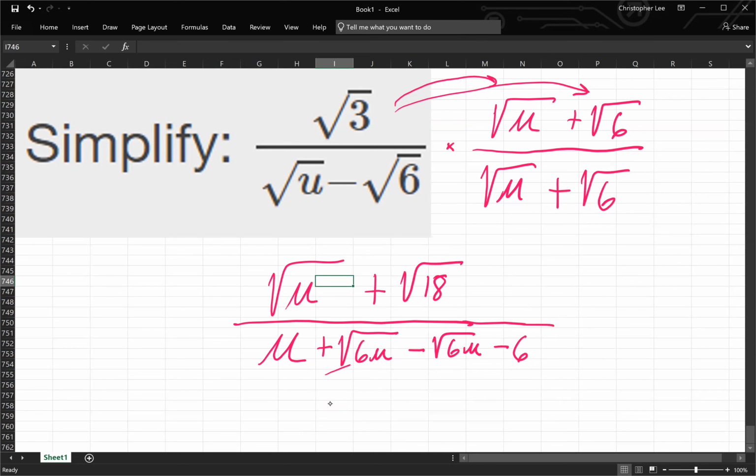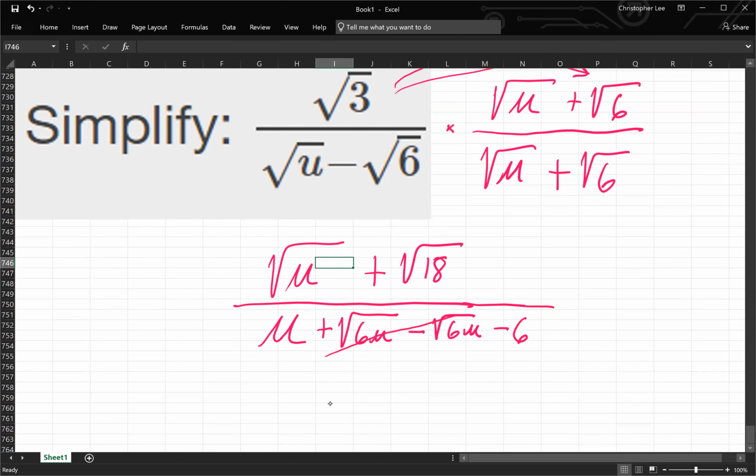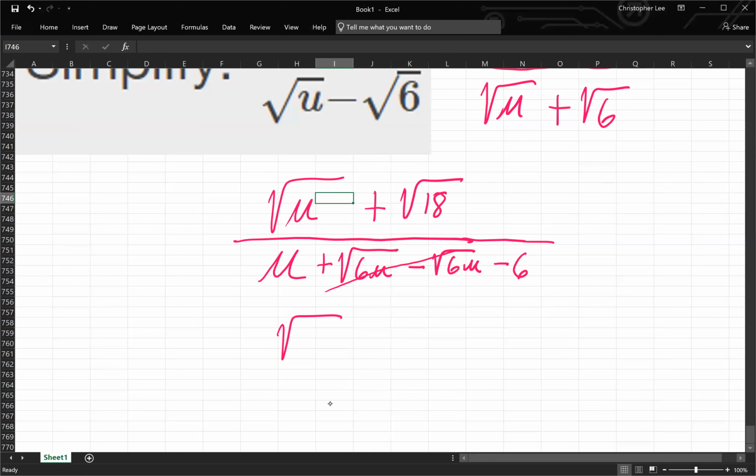You already know we're going to cancel these out, combine like terms. So what do I have now? I have square root of u plus square root 18 divided by u minus 6. Square root of 18 could get broken down a little bit though, right? I feel like that could get broken down into square root of 9 times 2.